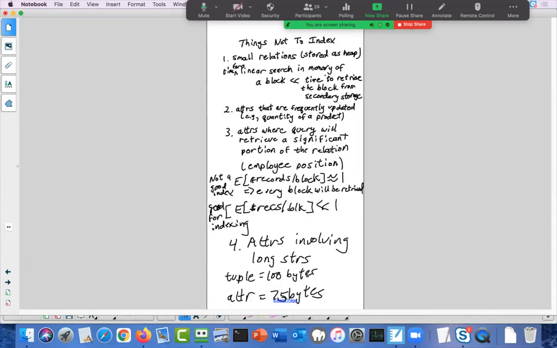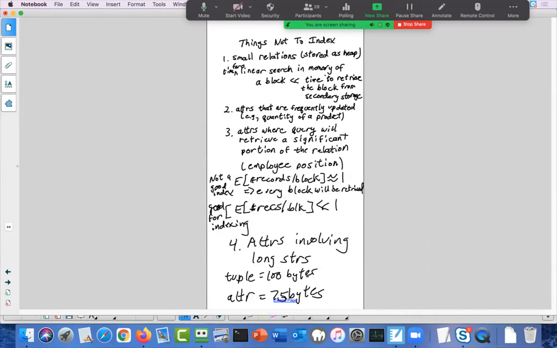Is this attribute so frequently used that it's a good idea to index it even though it involves a long string, or is it just likely to waste a lot of space? If it's a name or a street address, most likely you should index it.